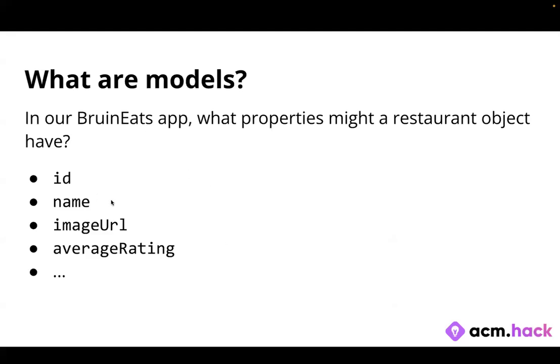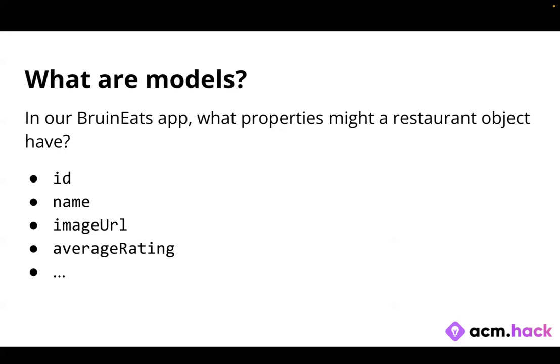But yeah, this is just a very simple model again. It's not similar to a real world scenario. For our app, in our restaurant model, we have an ID that uniquely identifies every restaurant. Two restaurants might have the same name, the same rating, the same address, but they all have a different ID.